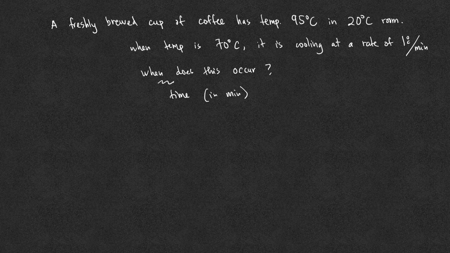To answer that question, we will use Newton's law of cooling, which states that T equals the ambient or the surrounding temperature, Ts, plus T naught minus Ts, which is the difference in the initial temperature and the surrounding temperature, times e to the negative kt, where k is the continuous rate.